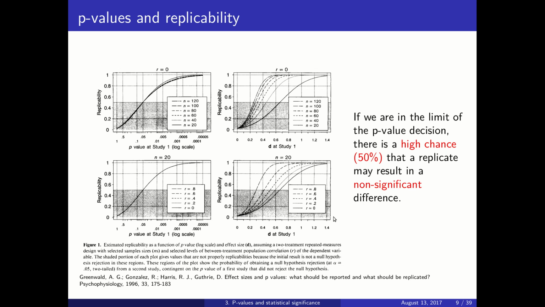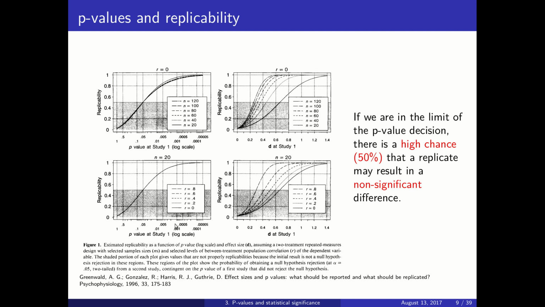So actually, if you are just at the threshold, there's a 50% chance that you fall on either side of the rejection condition.